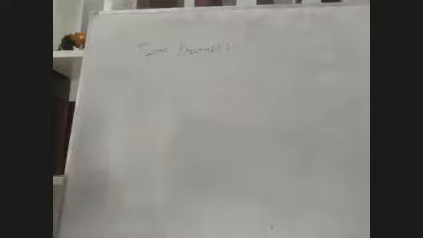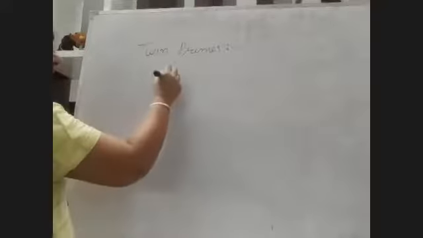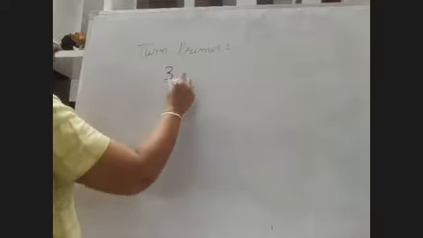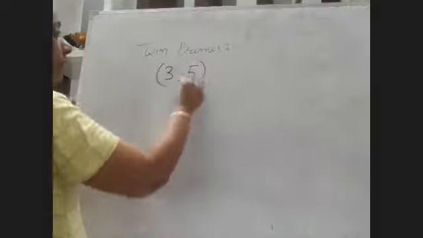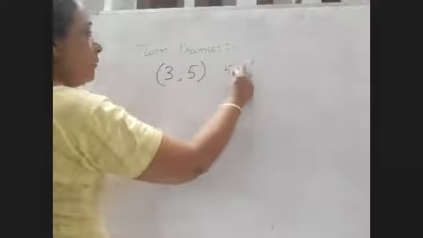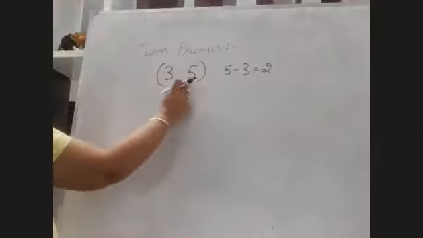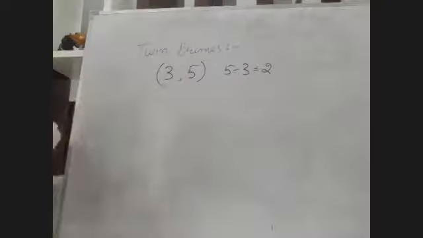For example, 3 and 5. Both are prime numbers. Now find the difference. 5 minus 3 is equal to 2. So it means 3 and 5 are twin prime numbers.